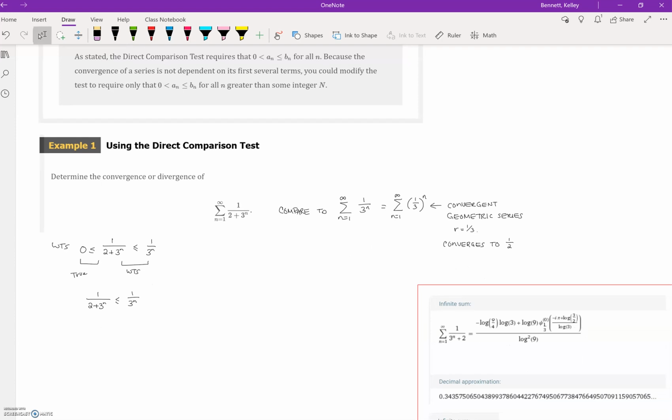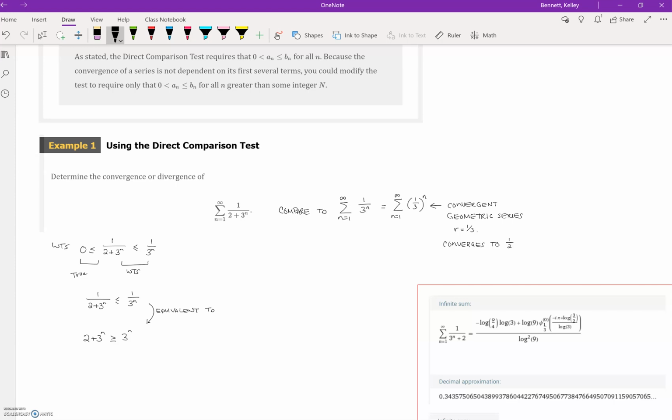And so I can show this is equivalent to 2 plus 3 to the n being larger than 3 to the n, because when your denominator is large, that makes your fraction small. So this inequality holds. You could also think of it as just cross multiplying as well.